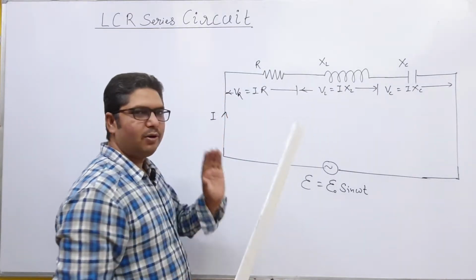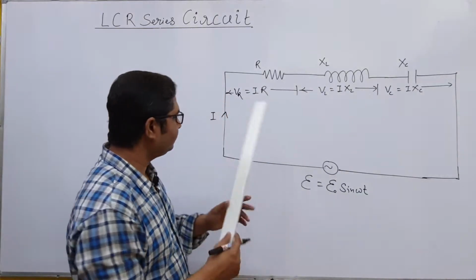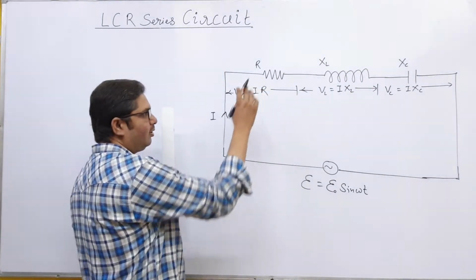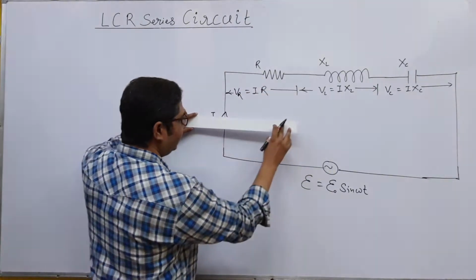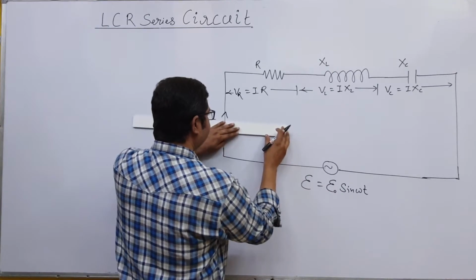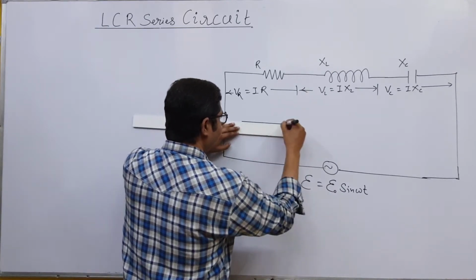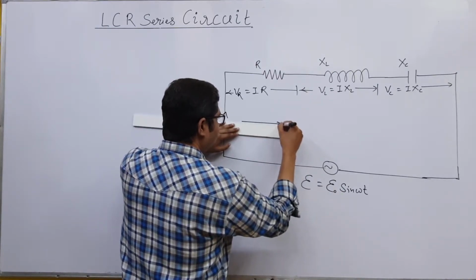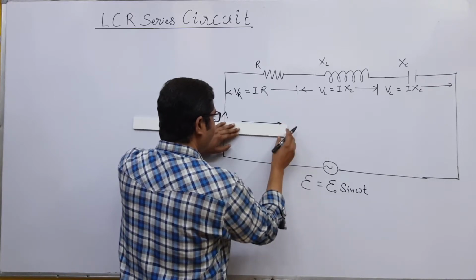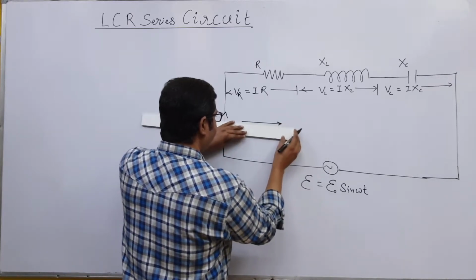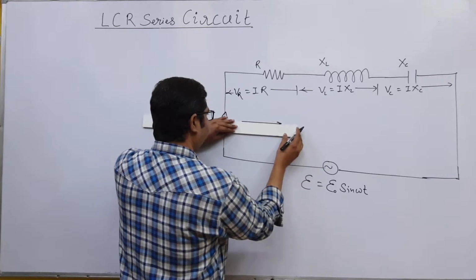Now if I draw the phasor diagram, here we take a line, another line, and another line.